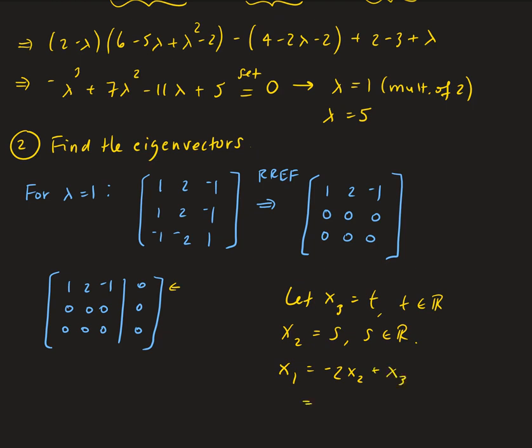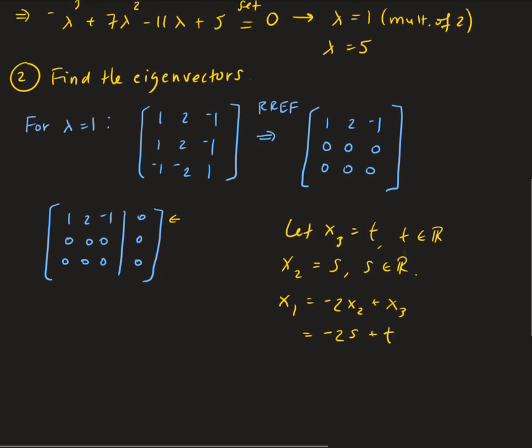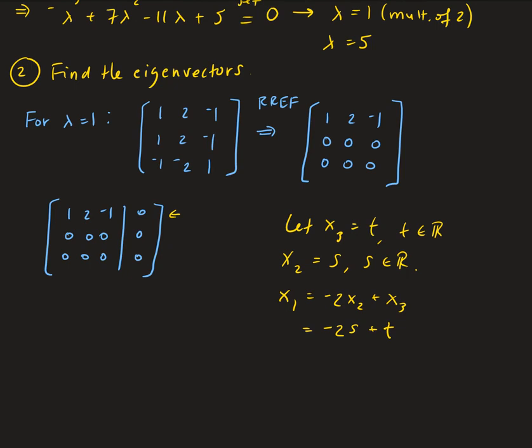Since x2 is s and x3 is t, we get minus 2s plus t. So for x1 we have minus 2s plus t, for x2 we have s, and for x3 we have t.